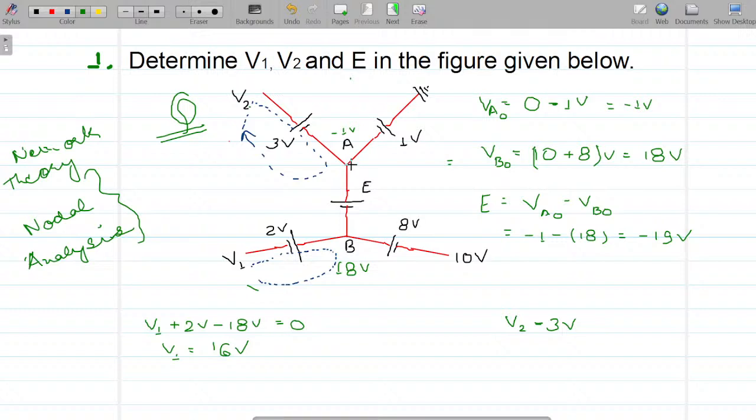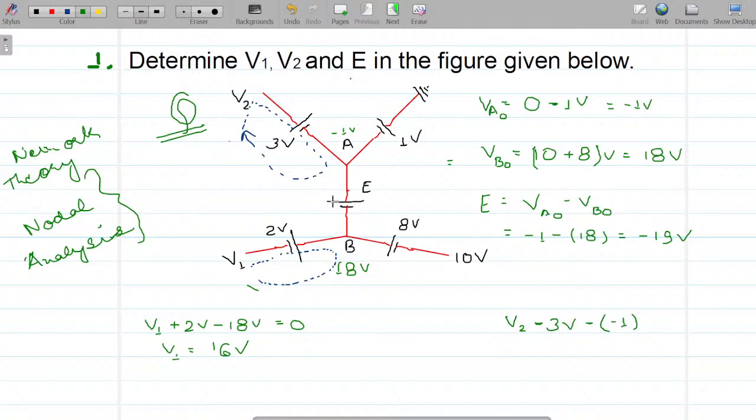Now the potential at point A would be what? It is minus again, denoted as minus 1. The potential at point A is with respect to ground. Forget about the magnitude.